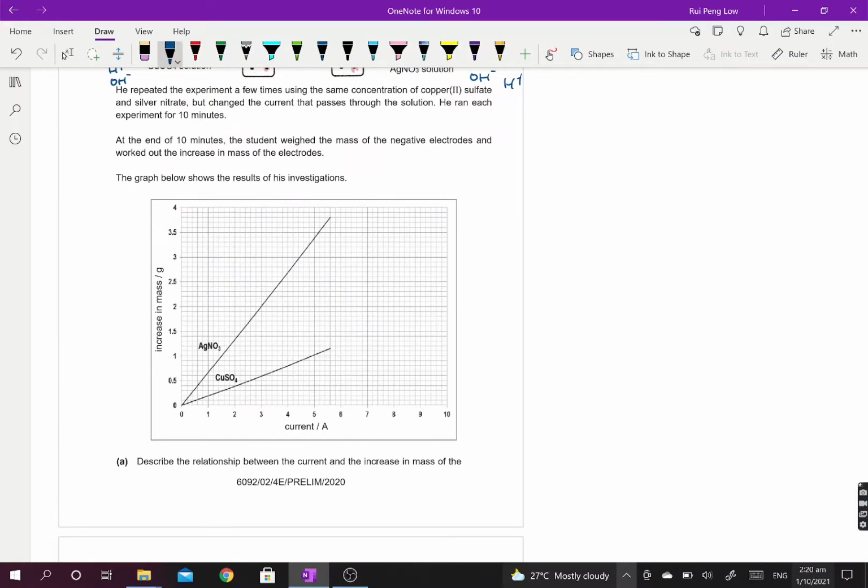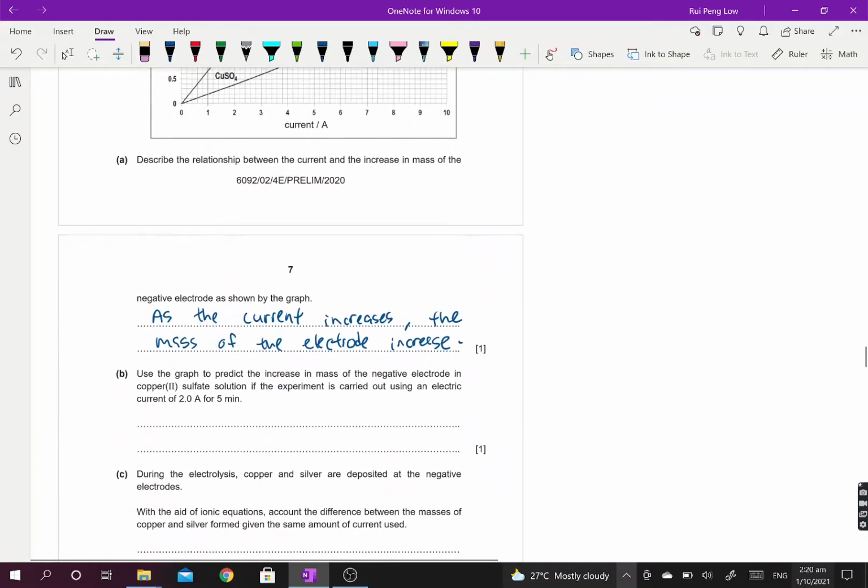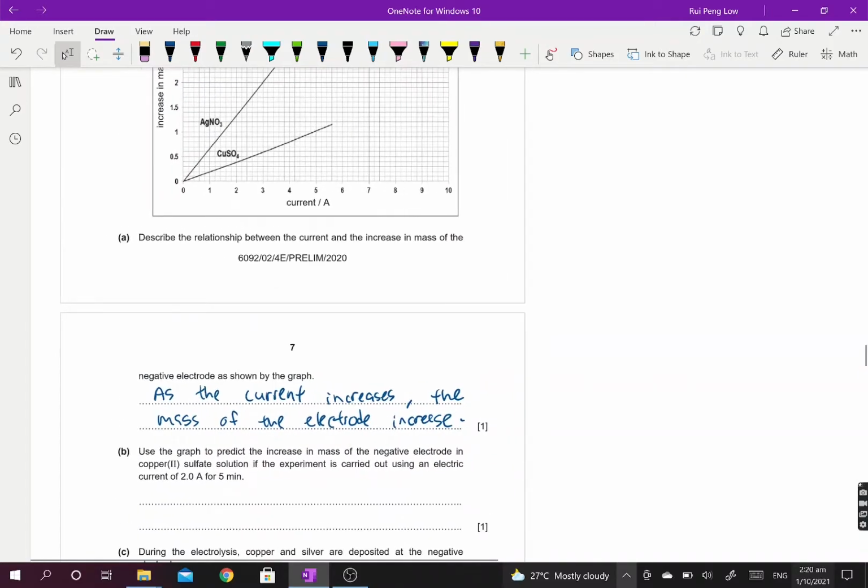You see, when you increase current, the mass just increases. All right, quite straightforward. Use the graph to predict the increase in mass of the negative electrode in the copper sulfate solution if the experiment is carried out using an electrical current of 2 ampere for 5 minutes.